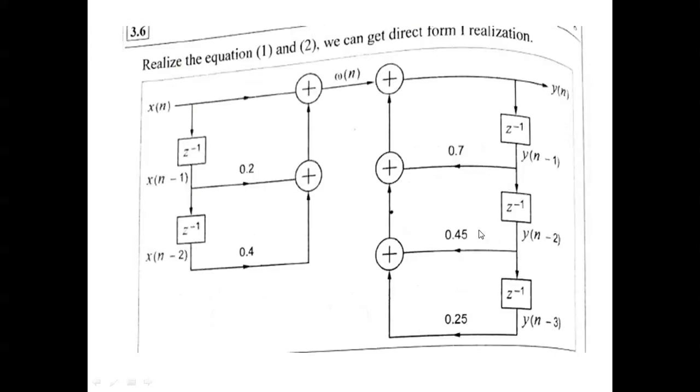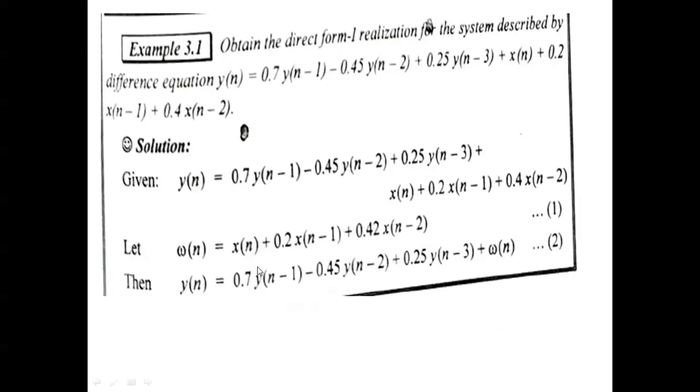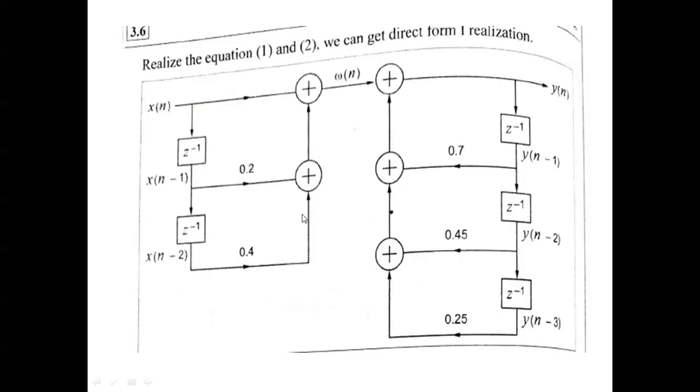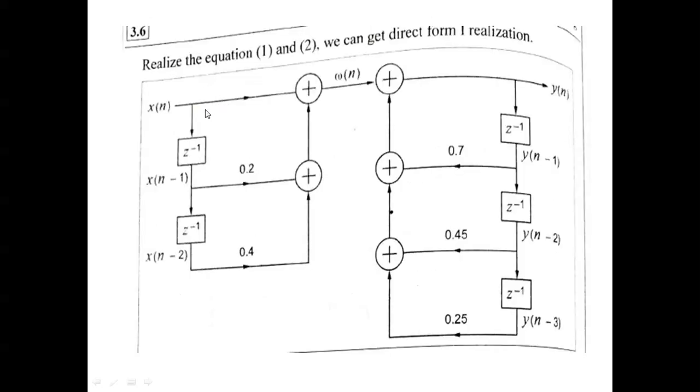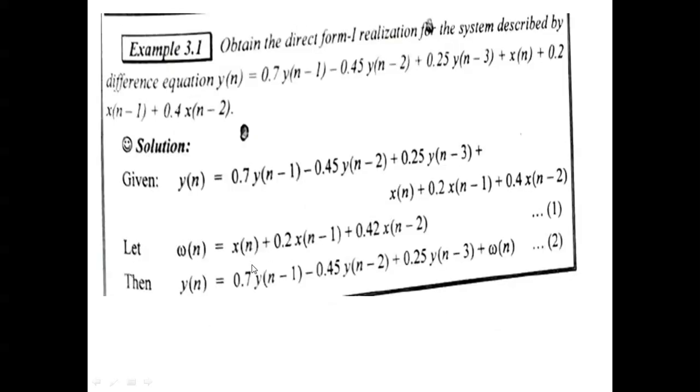So this is the realization diagram. On the output side: 0.7 y of n minus 1, minus 0.45 y of n minus 2, and plus 0.25 y of n minus 3.